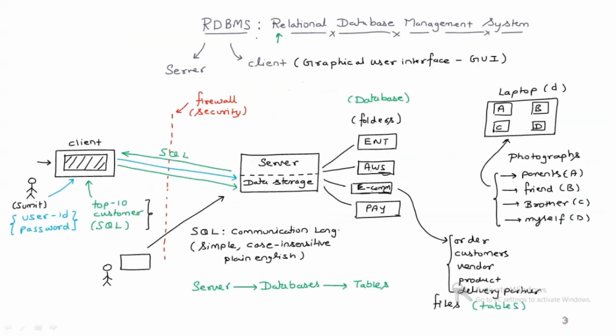So like any other language, English, Hindi, or any other language, each language comes with components. SQL as a language comes with three components: DDL, DML, and DCL. Now, before we understand what is DDL, what is DML, what is DCL, let's understand two roles: who is a data engineer and who is a data analyst.